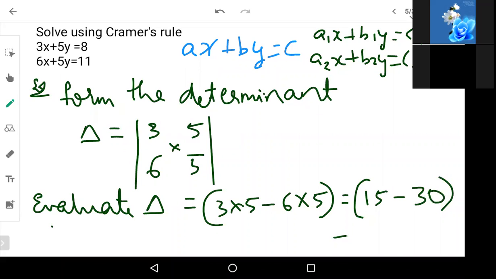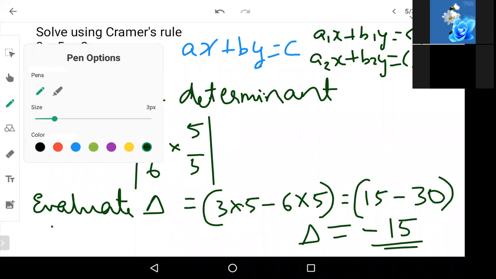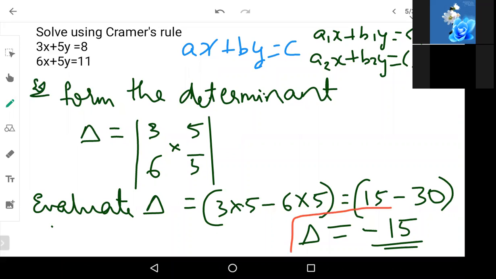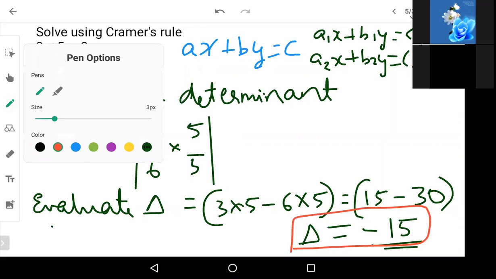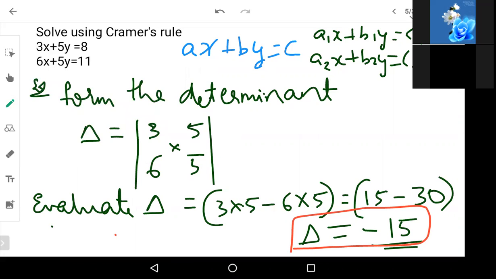So 15 minus 30 is equal to minus 15. Correct? So minus 15 is the value of delta. Keep this in mind, or put a box like this, where we calculated the value of delta. Understood this step?